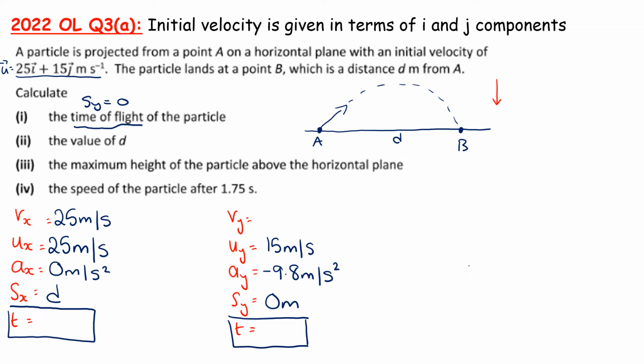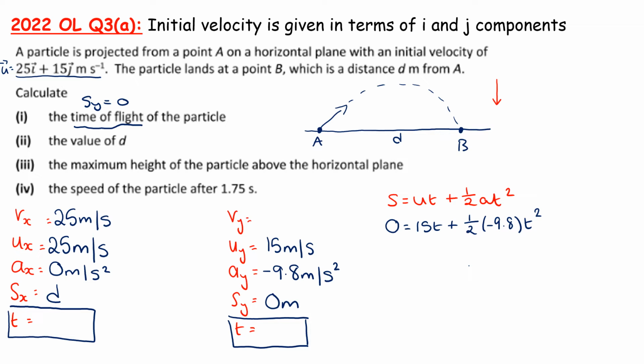We don't have a v, but we have a u, an a, an s, and a t. So we're going to use the formula s equals ut plus a half at squared. So s is 0, 15 times t plus a half minus 9.8 t squared.